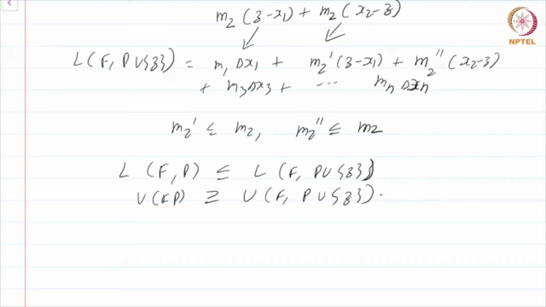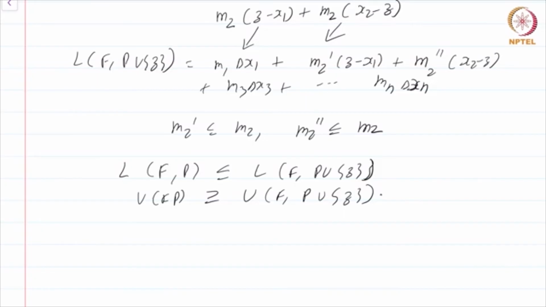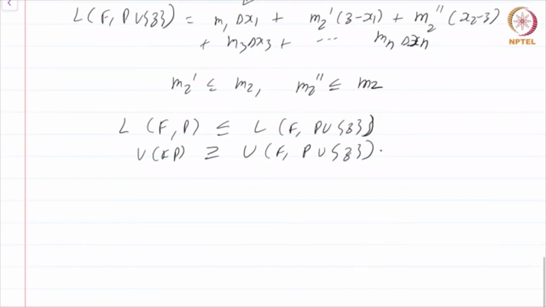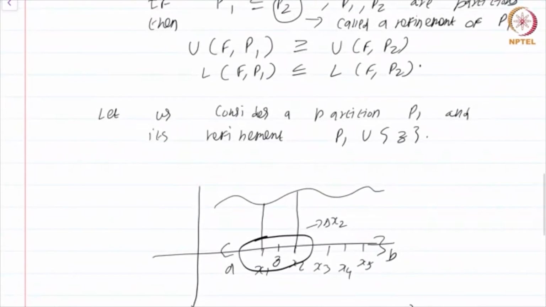You get this because when you take the supremum on a smaller interval, it can only decrease. So we have these two inequalities, and we have essentially proved the claim that when you consider a refinement, the upper sums have to decrease and the lower sums have to increase.